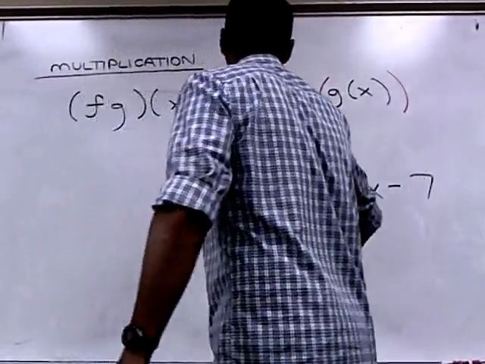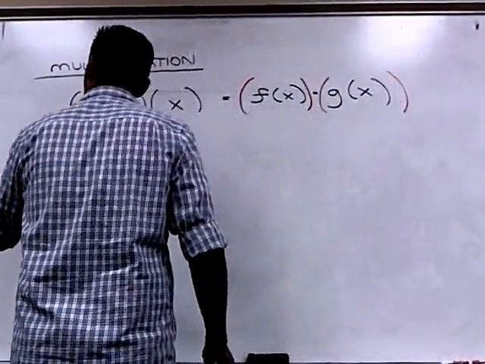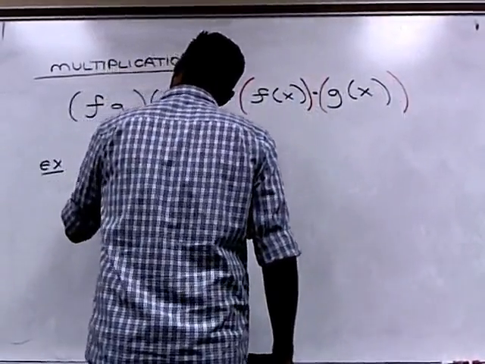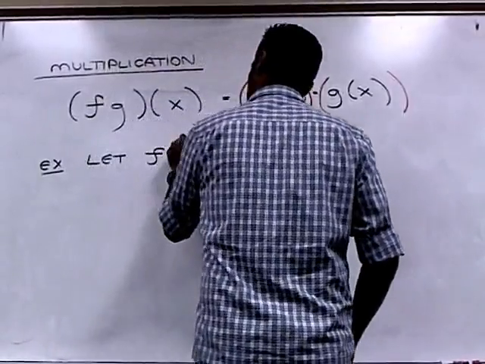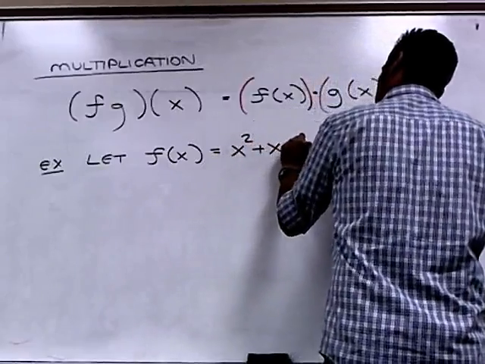I'm going to give you two different functions. I don't want to use those again. So new functions, so I'll put a new example here. Let f of x be equal to x squared plus x minus 4.